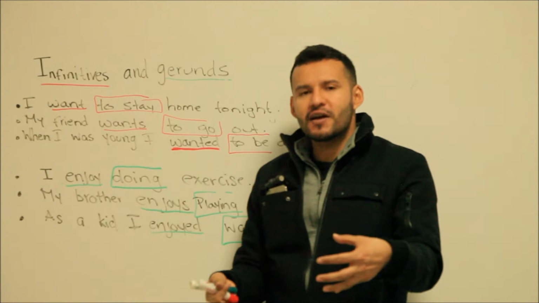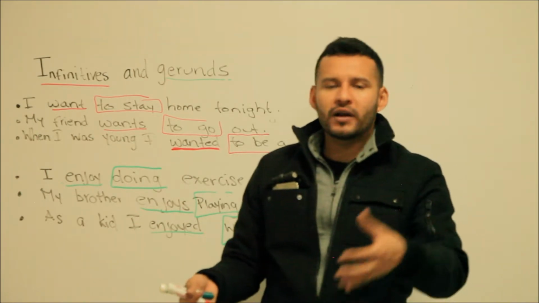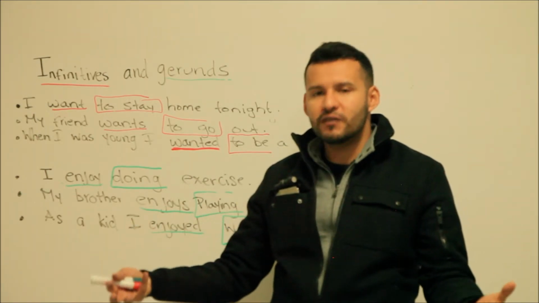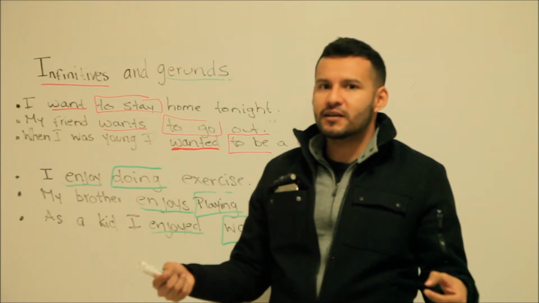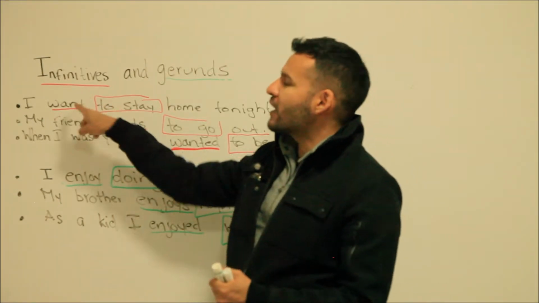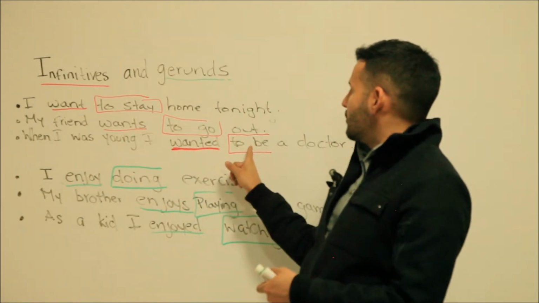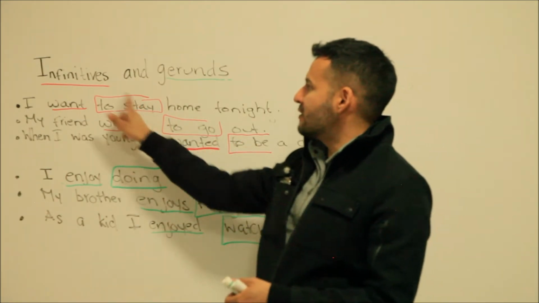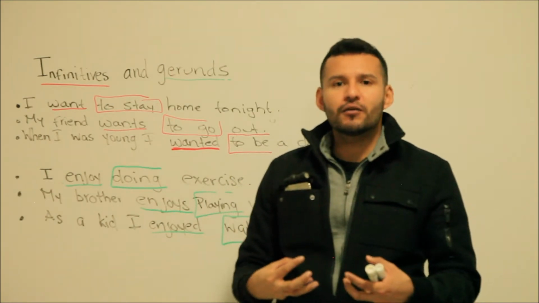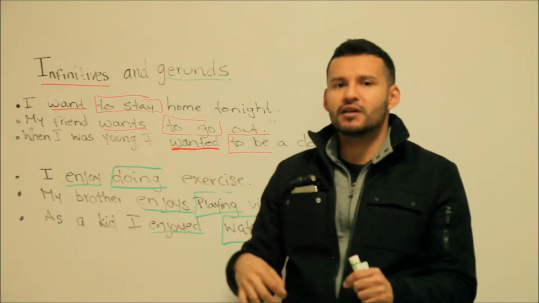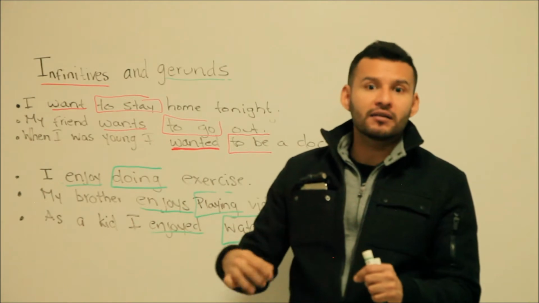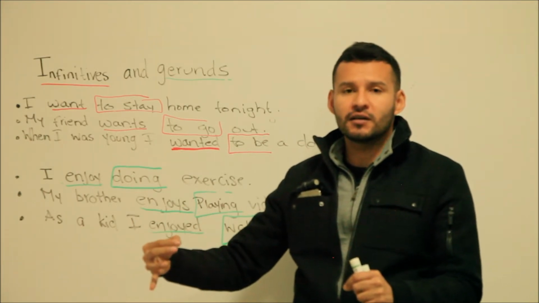And I know the question that you're asking yourself is, okay, well, when do you use a gerund and when do you use an infinitive? Basically, it depends on the verb that you have before. So for example, in all of these cases, you have the verb want before, and the verb want combines exclusively with an infinitive. I want to go, I want to see.